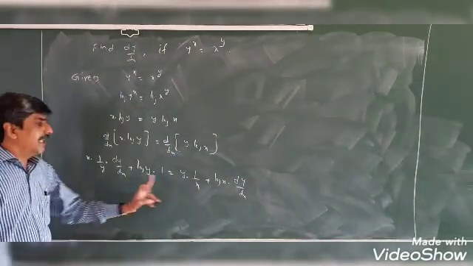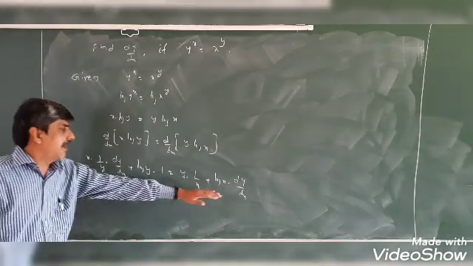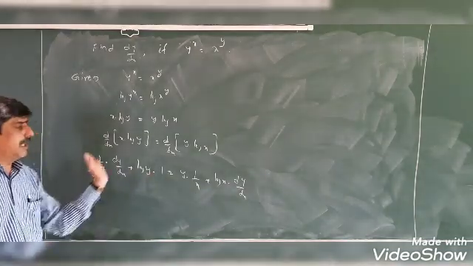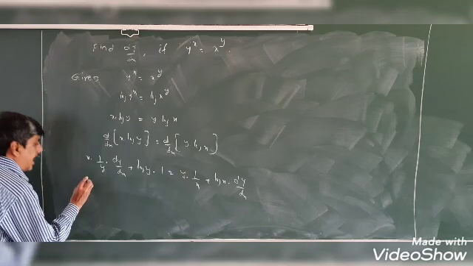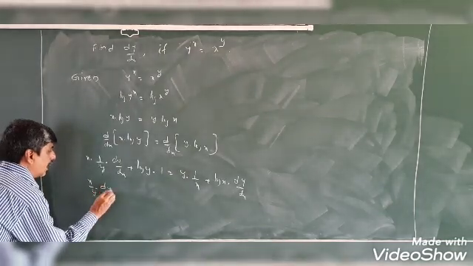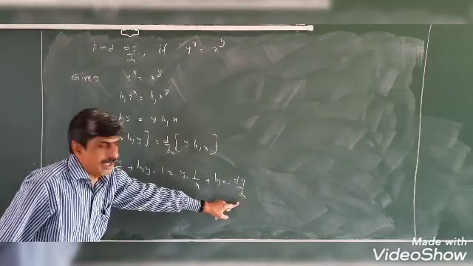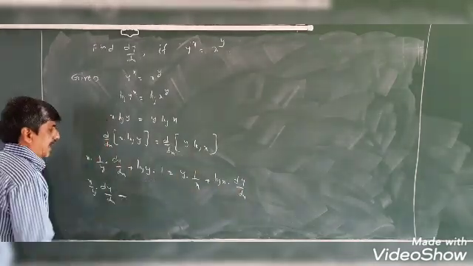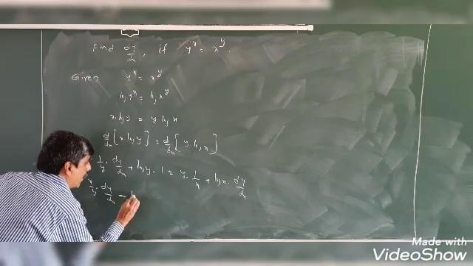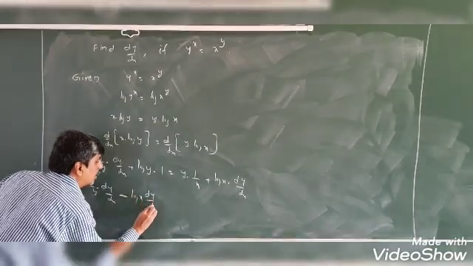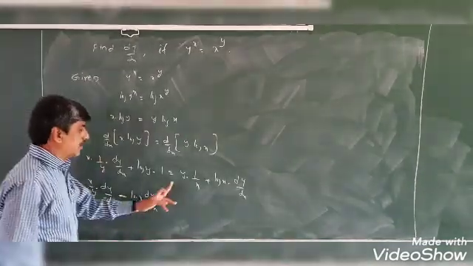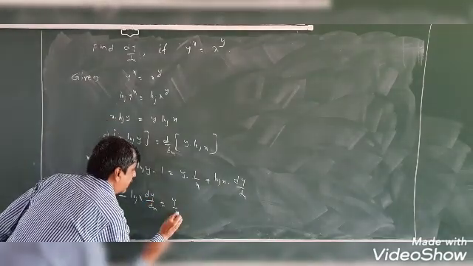So to find dy by dx, keep dy by dx terms on one side, remaining on the other side. So here x by y into dy by dx is there, and here plus log x into dy by dx is there. Then this term shifts to this side, so this becomes minus log x into dy by dx is equal to here y by x is there.